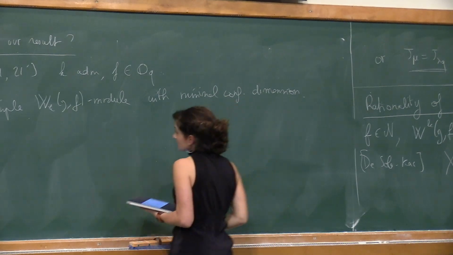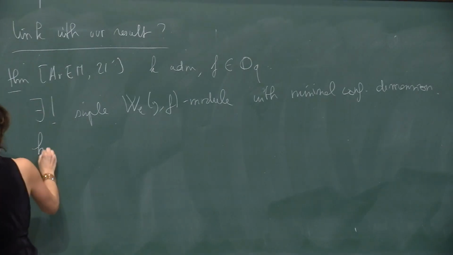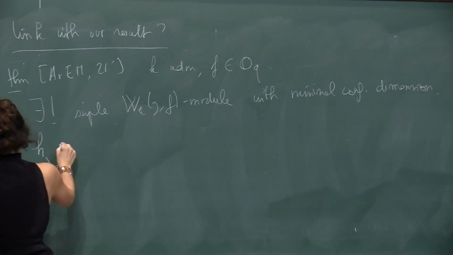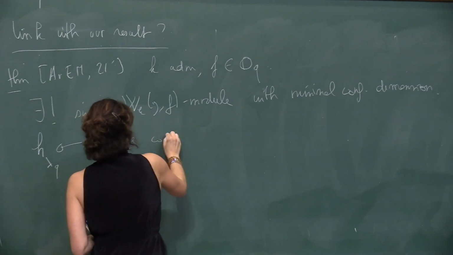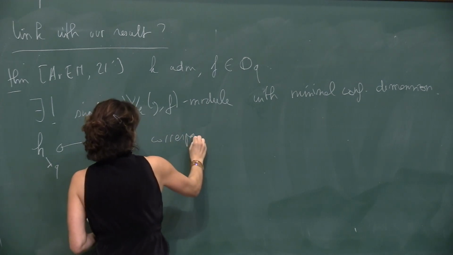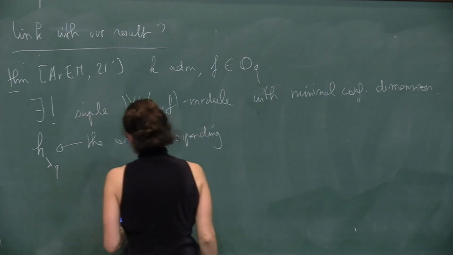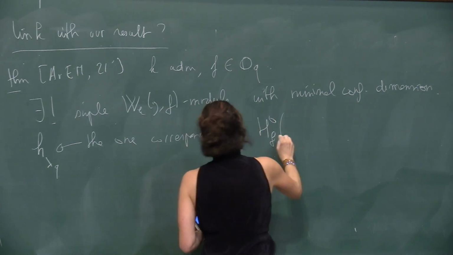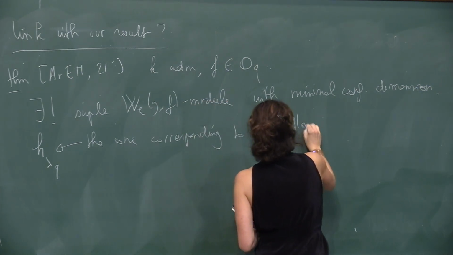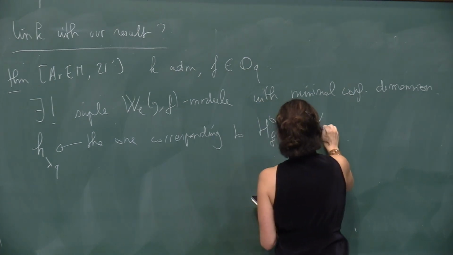And also this minimal conformal dimension that I write like this is actually Z1. I don't give detail, but Z1 corresponding to the previous one, as you can expect, in the sense that it is Z1 corresponding to the BRST reduction of L(λ_q).